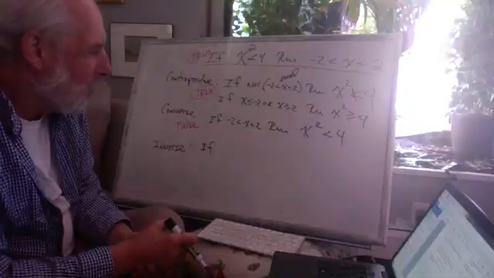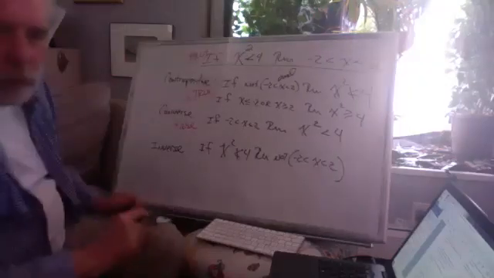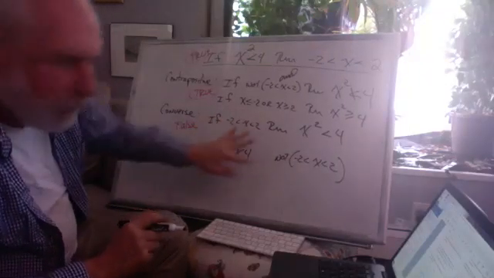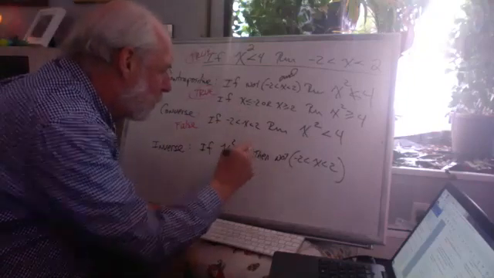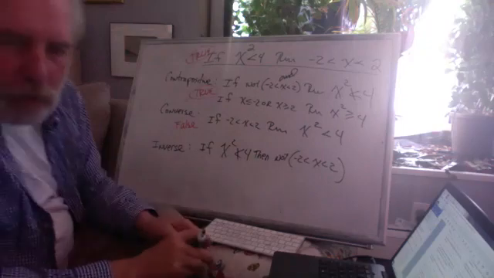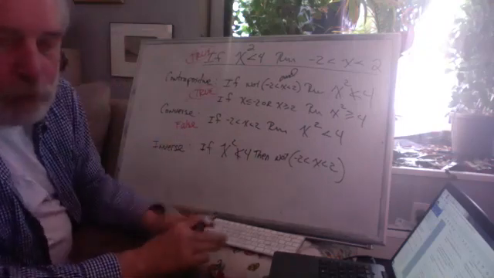If X squared is not less than 4, then X is not in between -2 and 2. That's the correct statement. Okay, that's good. That's perfect.